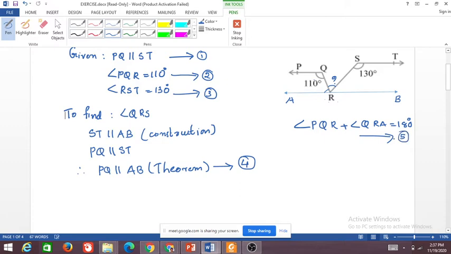I will mark this as equation 5, and from this angle QRA equals 180 degrees minus angle PQR. Now angle PQR is 110 degrees from equation 2, so 180 degrees minus 110 degrees is 70, right? So that's how I got angle QRA.